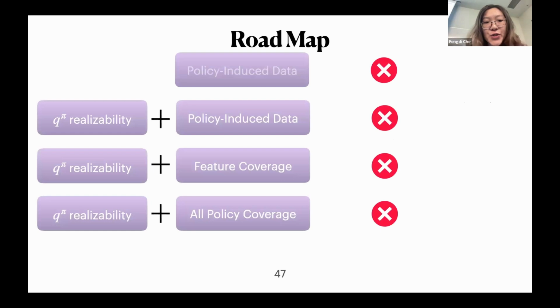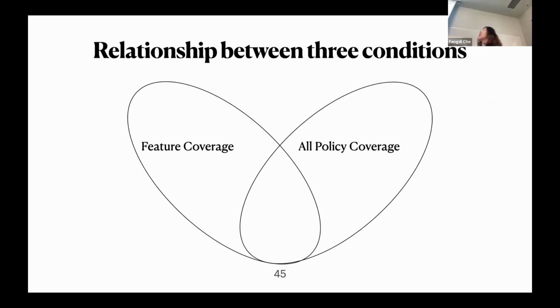And now we have two conditions here. We tried feature coverage and all policy coverage. A question people are always interested in is whether one condition is stronger than the other. And here actually no, each circle represents a set of tasks which satisfy this condition, and it shows these two things just go in different directions.